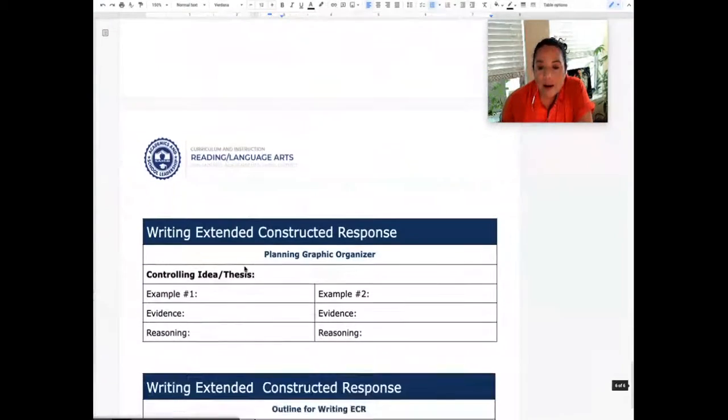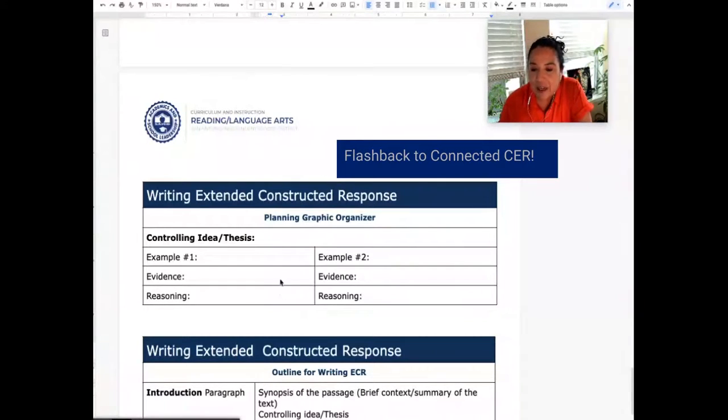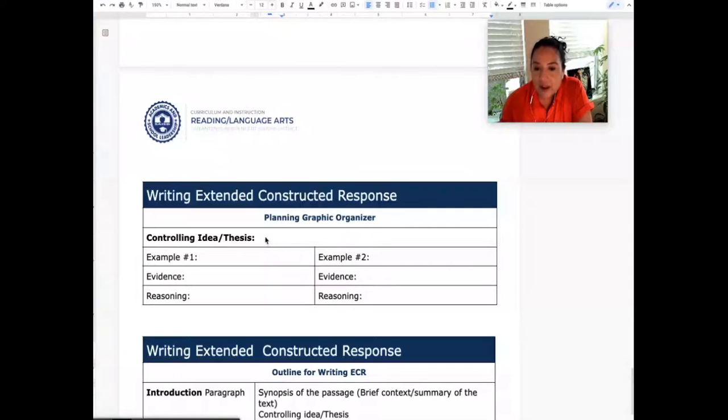So when we think about putting it all together, this graphic organizer is the connected CER graphic organizer, just with some different terminology included. Instead of a connected claim, we've got the controlling idea or thesis.